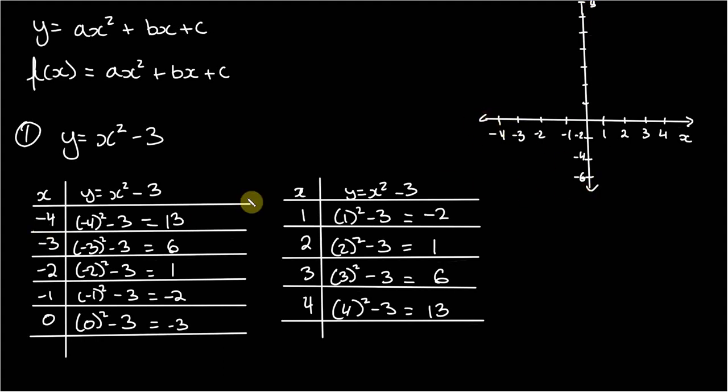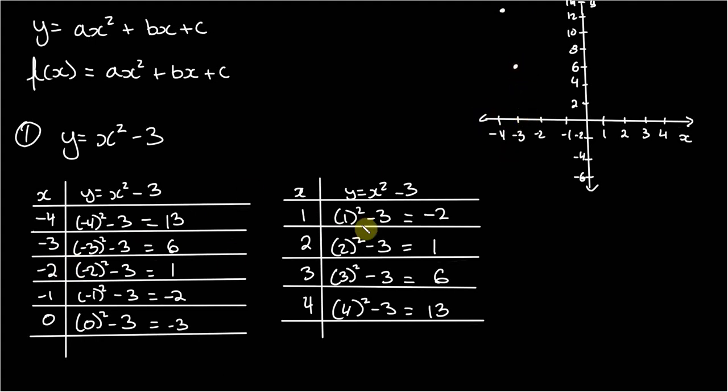Right, so when x is negative 4, this is 2, 4, 6, 8, 10, 12, 14. When x is negative 4, y equals 13. So negative 4, 13 is going to be right here. It's going to look something like that. When x is negative 3, y equals 6. Negative 3 and 6.